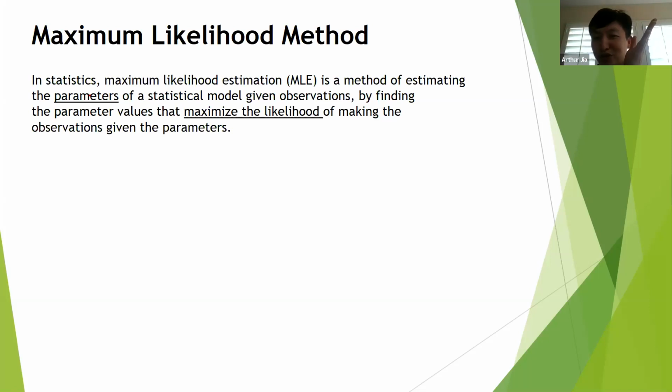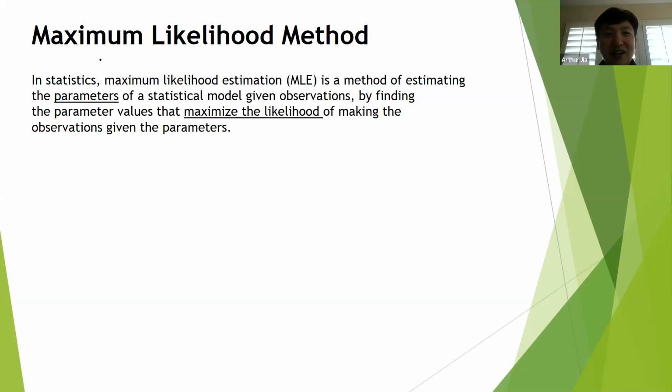For example, a normal distribution has how many parameters? Two, right? You need a mean, mu, and you need the standard deviation, sigma.